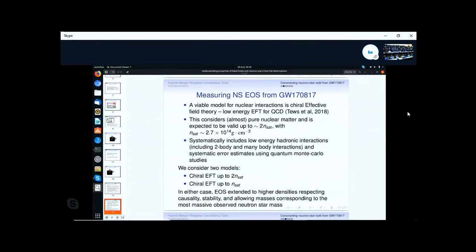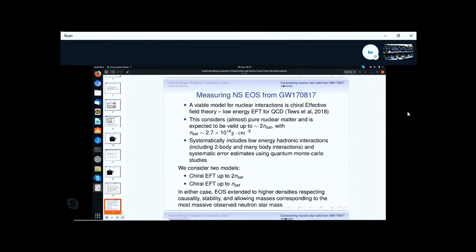And this theory models the nucleus as essentially pure neutron matter, and is expected to be valid up to roughly twice the nuclear saturation density, where this NSAT is roughly 2.7 times 10 to the 14 gram per centimeter cube. And this theory systematically includes all the effects of two-body and many-body interactions, and also as a byproduct, based on these quantum Monte Carlo studies, they also produce systematic error estimates of all the parameters of the EFT.